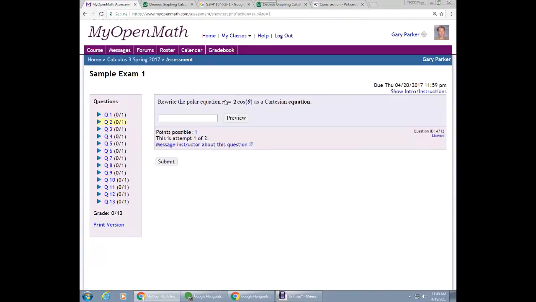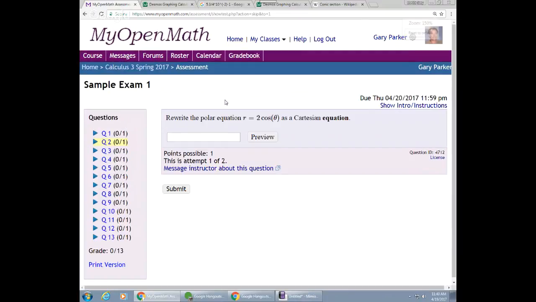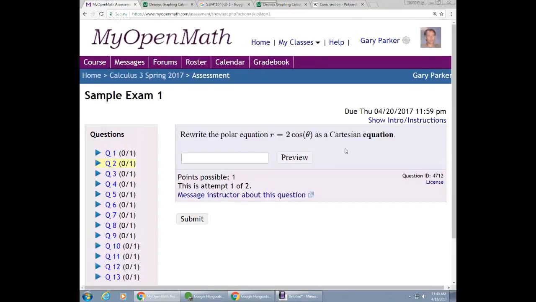So does anybody remember what this graph is going to be right here? What's that? It's going to be a circle, and it's going to be kind of centered on the x-axis. And this number out front is the diameter of that circle.